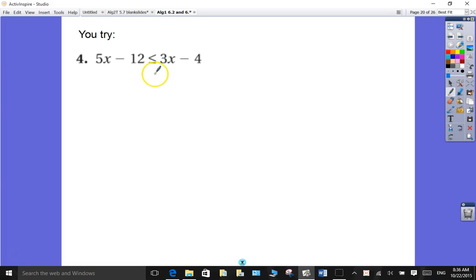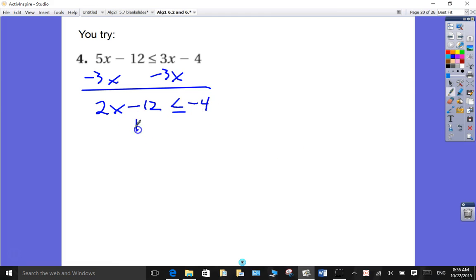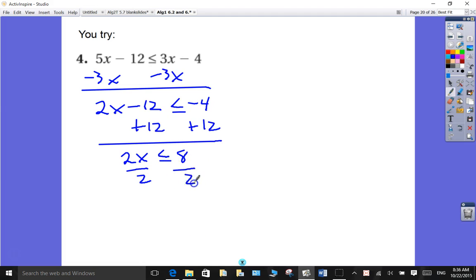So subtract 3x, 2x minus 12, less than or equal to negative 4. Look right?